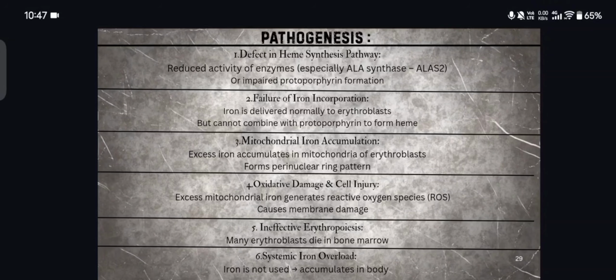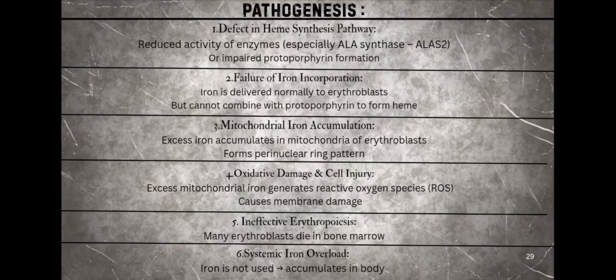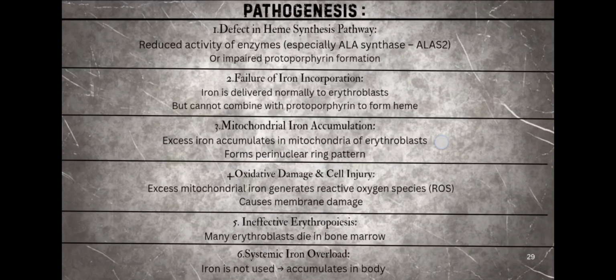And mitochondrial iron accumulation: excess iron accumulates in mitochondria of erythroblasts in a perinuclear ring pattern. Oxidative damage and cell injury: excess mitochondrial iron generates reactive oxygen species, causing membrane damage. Ineffective erythropoiesis: many erythroblasts die in the bone marrow. Systemic iron overload: iron is not used, so it accumulates in the body.